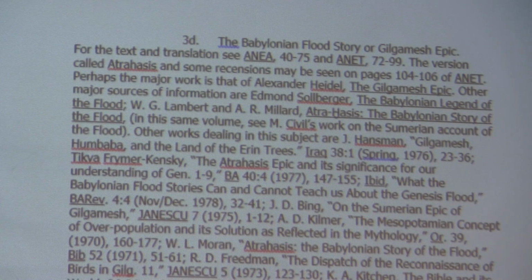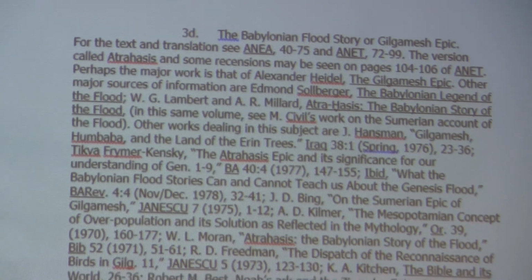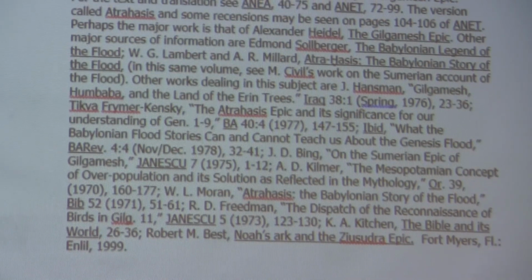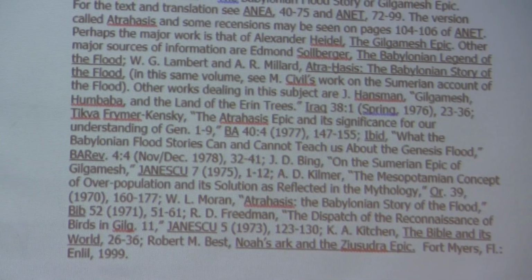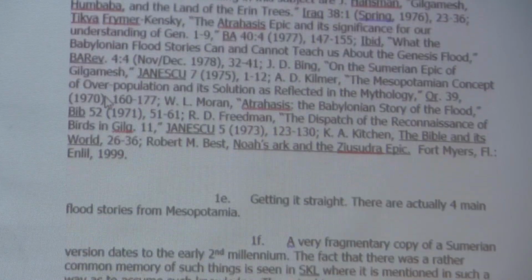As you will see, there are similarities between the Babylonian flood account and the Bible, and we have to come up with an explanation for those similarities as well as differences. Now, first of all, let's just make the point. The Babylonian flood story, or the Gilgamesh epic, represent a series of flood accounts that have similarities but have their own differences as well.